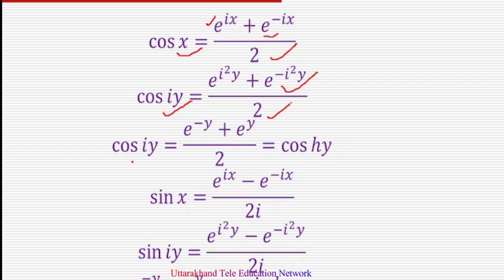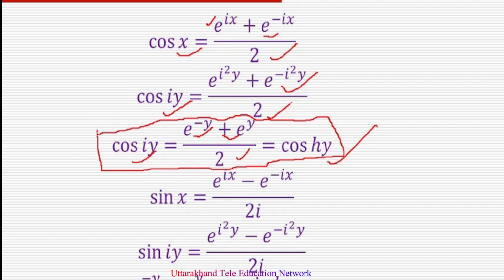That's why cos iy is e raised to power minus y plus e raised to power y over 2, and this is the definition of hyperbolic cos y. So we get cos iy is equal to hyperbolic cos y.